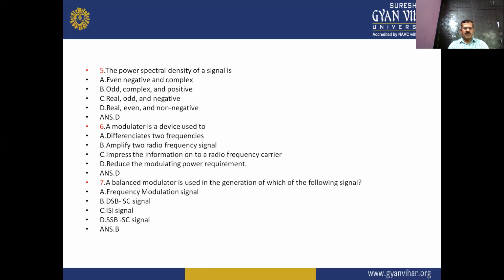Option D, reduce the modulating power requirement. The correct answer is option D. The modulator is a device that is used to reduce the modulating power required.